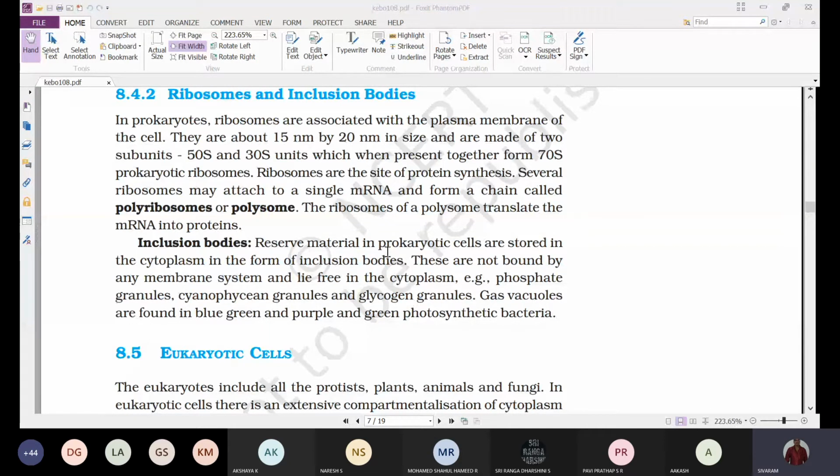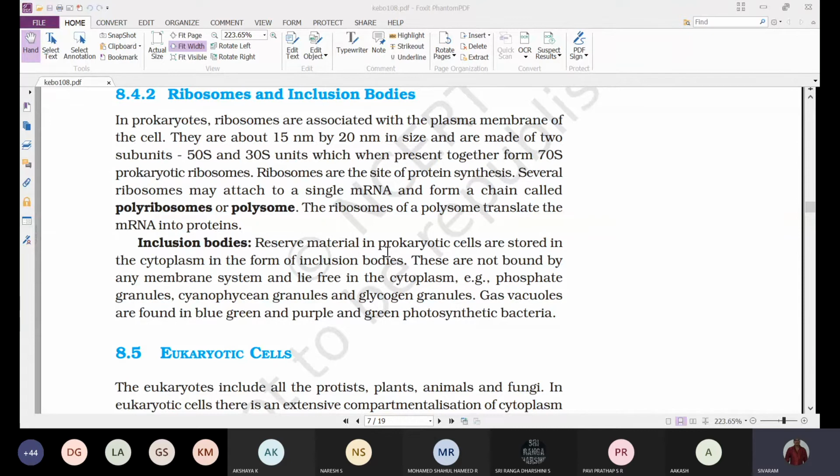Gas vacuoles are found in blue-green, purple, and green photosynthetic bacteria. In green and purple bacteria, hydrogen sulfide gas is released, and in green photosynthetic bacteria, we can observe the release of oxygen.